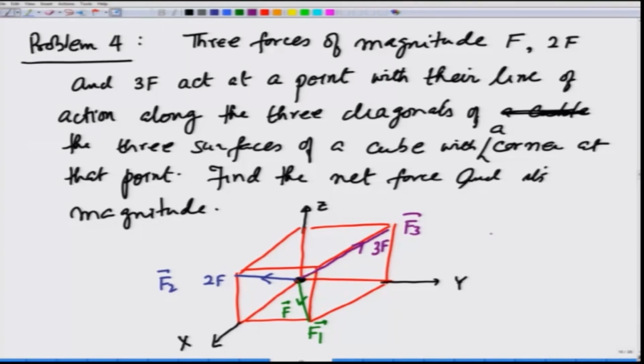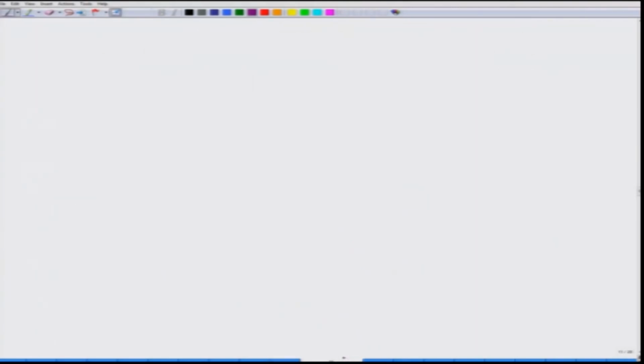So, naturally F net is going to be F1 plus F2 plus F3, and we will now do this addition algebraically, by taking the components of the forces. So, let us see now, the green force is F1, the blue force is F2 and the purple force is F3.